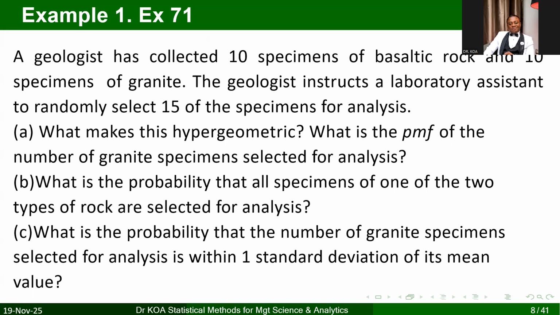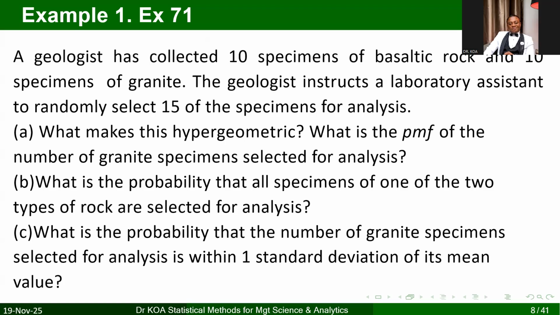So somebody should read the story. Let's see. Albert. Okay. It says, a geologist has collected 10 specimens of basaltic rock and 10 specimens of granite. The geologist instructs a laboratory assistant to randomly select 15 of the specimens for analysis. A. What makes this hypergeometric?